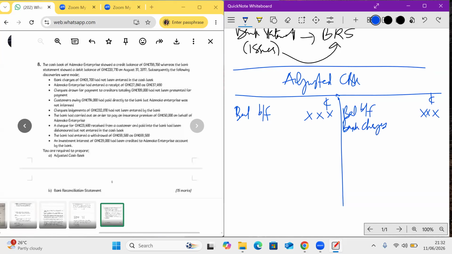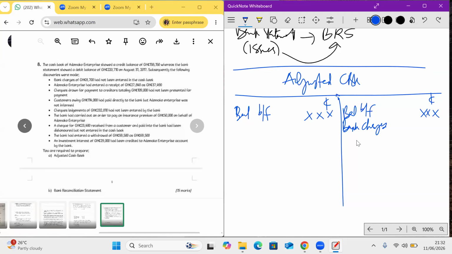So for example, assume the business has an ATM card it uses, and the bank deducts ATM fees and card maintenance fees. How will the bank do it in the bank statement? How will the bank treat it? Will it credit the account or debit the account?